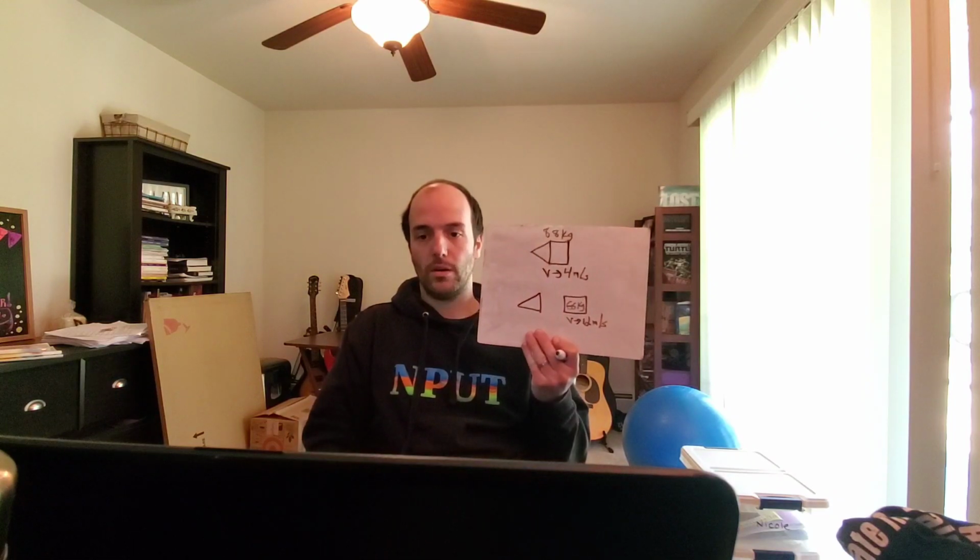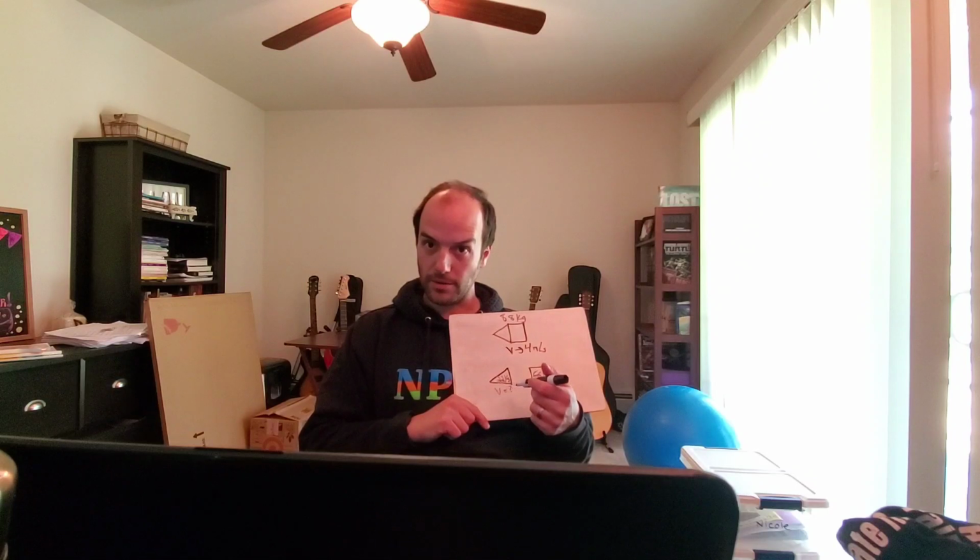Afterwards, it's going to split into a triangle piece and a square piece. The square piece is 66 kilograms, and it's moving to the right with a speed of 12 meters per second. The last piece, obviously, will have a mass of 22 kilograms, and I want to know the velocity of this object. What direction is it going? How fast is it going?